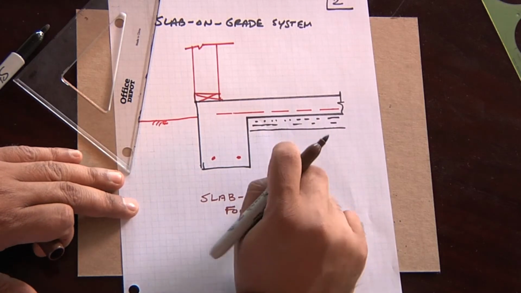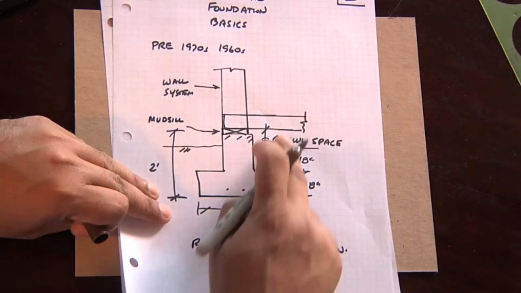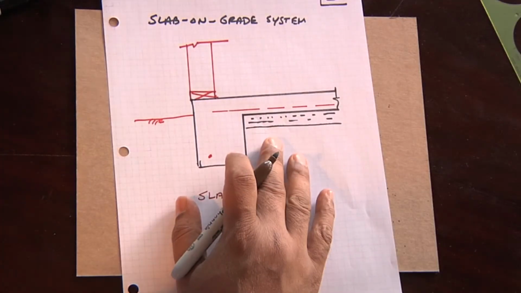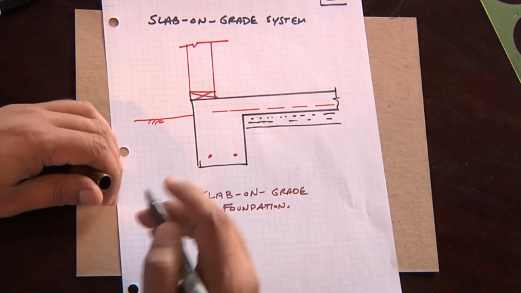This is pretty much the way the buildings are built today, probably 95, maybe 99% of them. I haven't seen any being built with a raised floor foundation. Now, why is that such an important thing to know? Because slab on grade systems have traditionally had lots of problems associated with them, as follows.